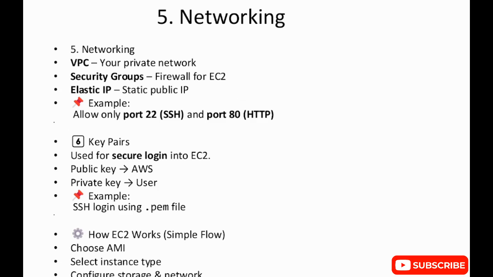Elastic IP is a static public IP. Example: allow only port 22 for SSH, Secure Shell, and port 80 for HTTP. So this is fixed. You have to use port 22 for SSH and port 80 for HTTP. This is networking.